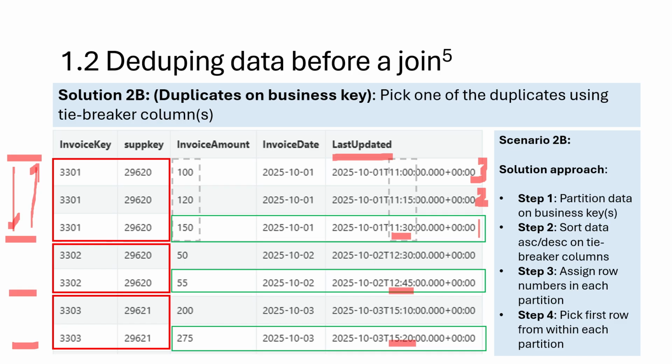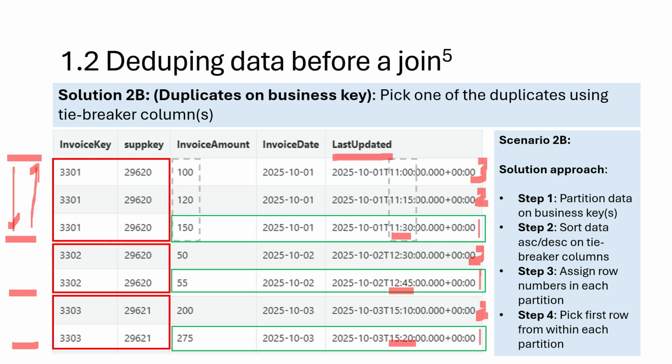In the second set of duplicates, the latest record is assigned row number 1 and the second latest 2. Similarly for the third one, latest record row number 1 and then the second latest row number 2. And in step 4, pick up the rows that were assigned row number 1.